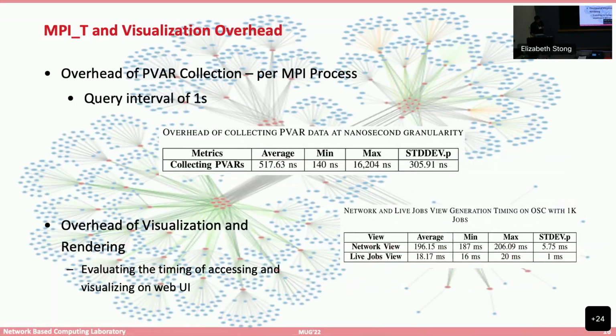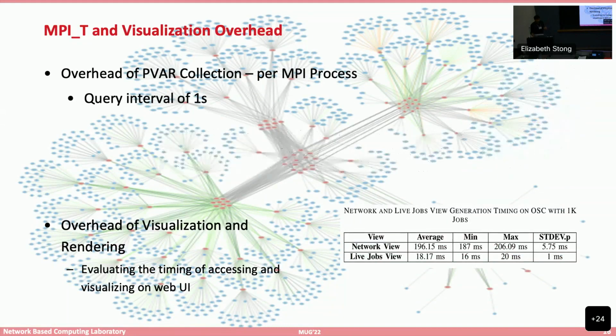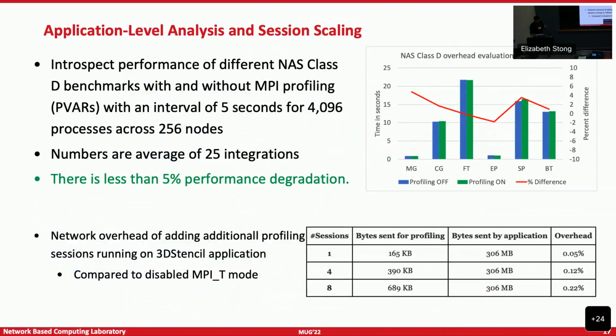This is looking at the overhead of collecting data from the MPI runtime as well as visualizing it. All of these, as you can see, are in the milliseconds or nanoseconds range. So overall, there isn't a lot of overhead for the data collection, the data processing, as well as the visualization phases for different systems. This is the application level analysis.